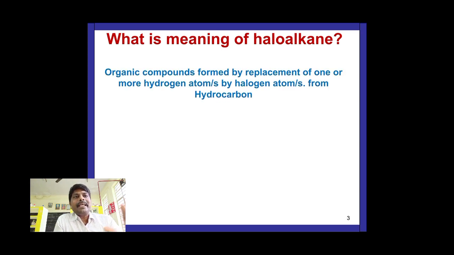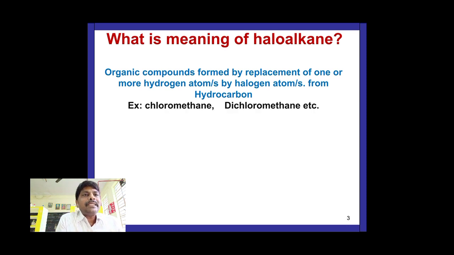Haloalkanes are organic compounds formed from alkanes by the replacement of one or more hydrogen atoms with halogens. Check the definition here: organic compounds formed by replacement of one or more hydrogen atoms by halogen atoms from hydrocarbons.